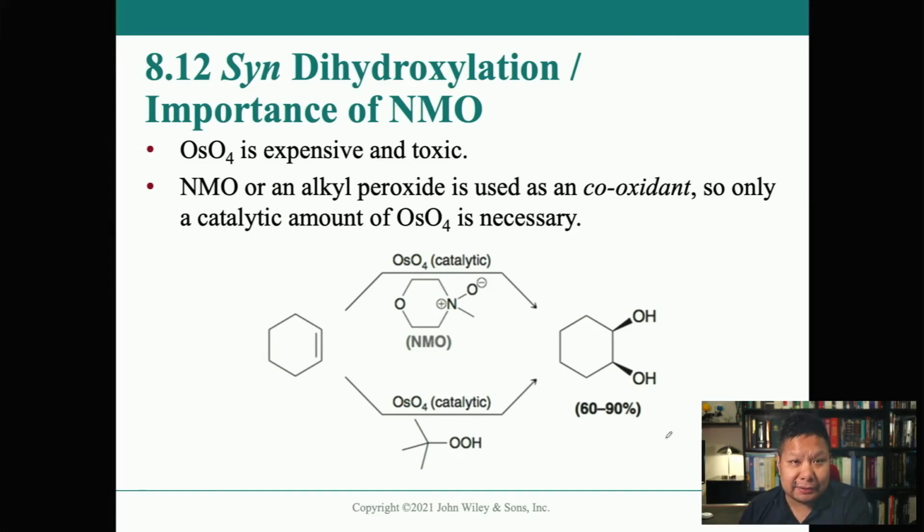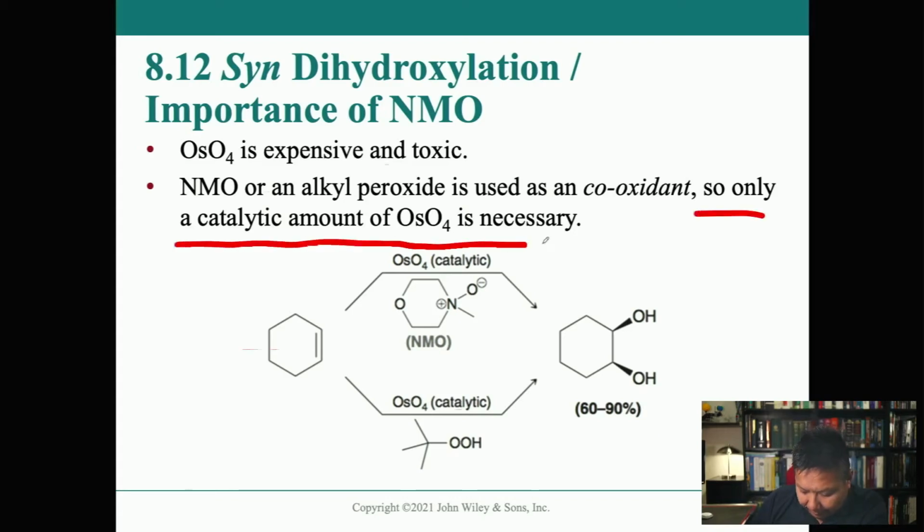So it turns out, though, that osmium tetroxide is expensive and toxic. So NMO, or alkyl peroxide, is used as a co-oxidant, so only a catalytic amount of osmium tetroxide is necessary. Catalytic amount means very little. And the reason you can do that is because after the reaction is done, the catalyst returns to its normal state again.